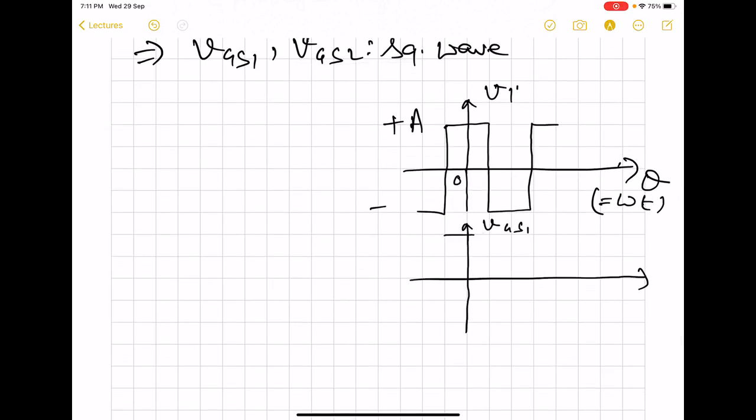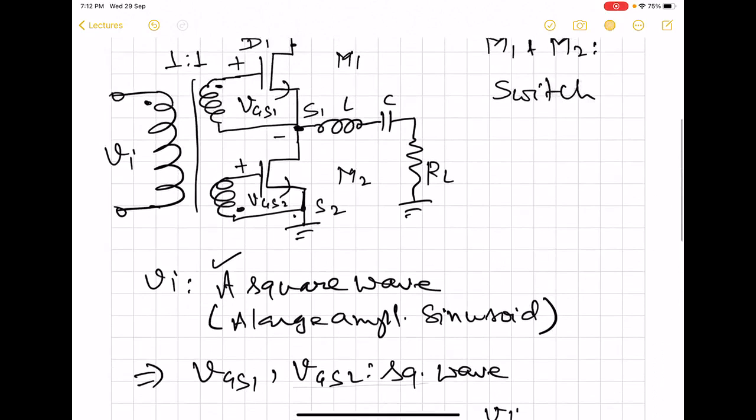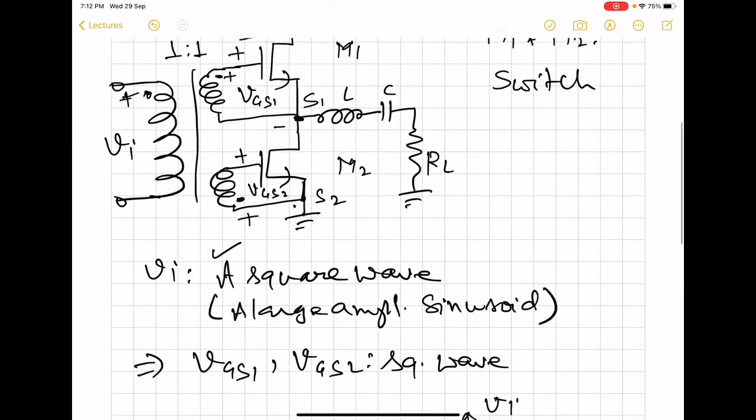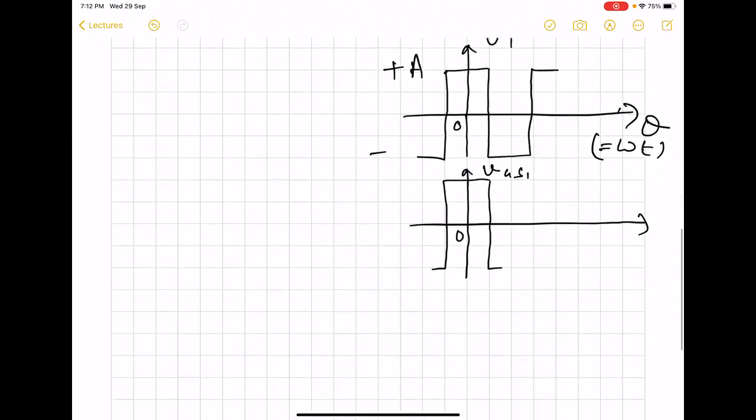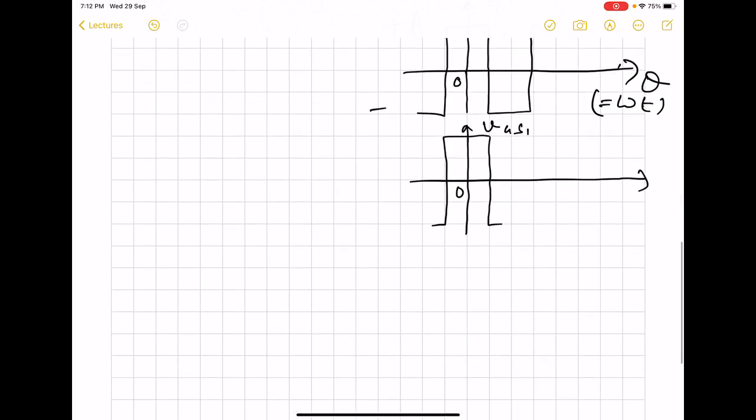VGS1 is going to be the same as the input. It will be in the same phase. Here you can see the polarity. So if this is plus, this is also going to be plus. But for this case, the source is going to be at higher polarity compared with the gate. So that is why VGS2 is going to be of opposite phase.